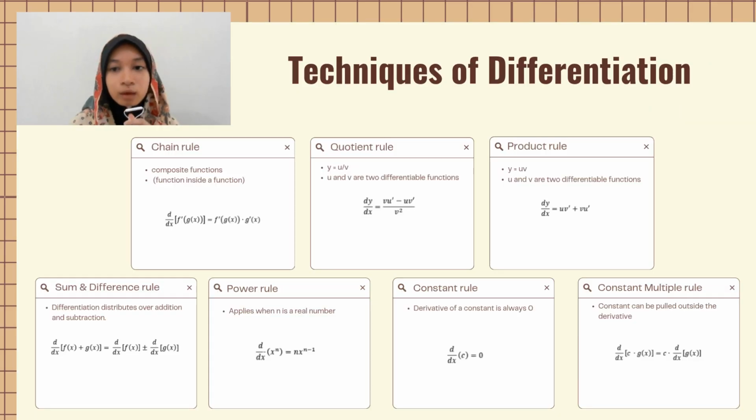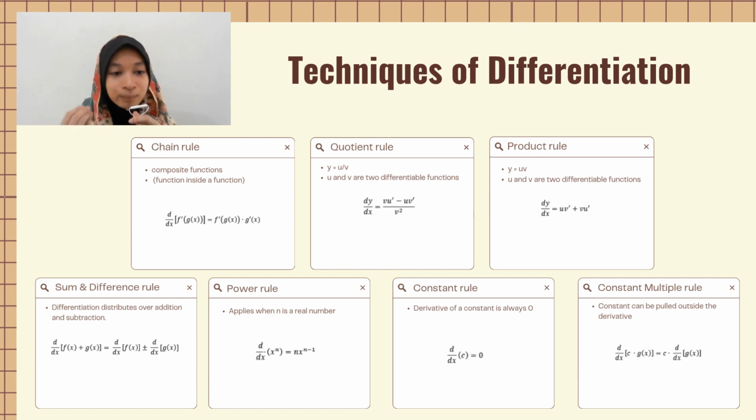Next, we are going to take a look at the techniques of differentiation. Firstly, we have the chain rule. What is the chain rule? It is for a composite function, where we have a function inside another function. Use this formula whenever we come across chain rule questions. The second one, we have the quotient rule. The quotient rule is where we let y equal to u over v.